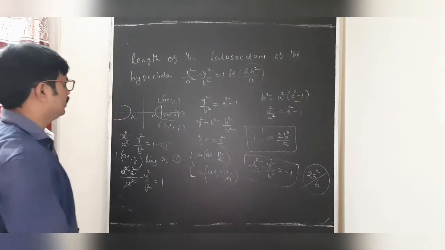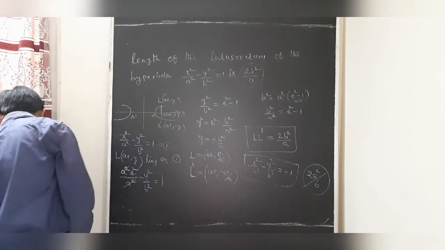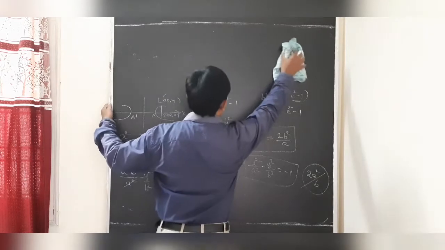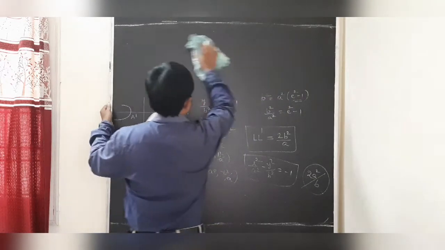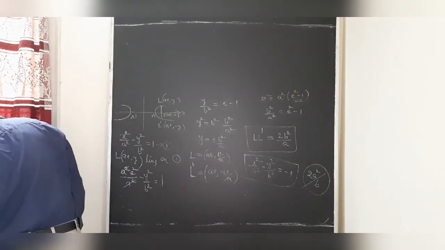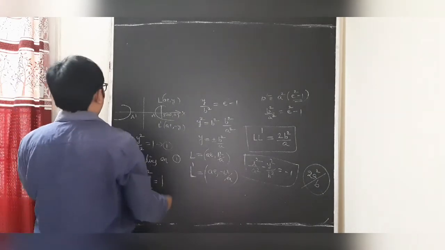Okay, students, now another one. Right now we have to know that e1 and e2 are the eccentricities of the two conjugate hyperbolas.